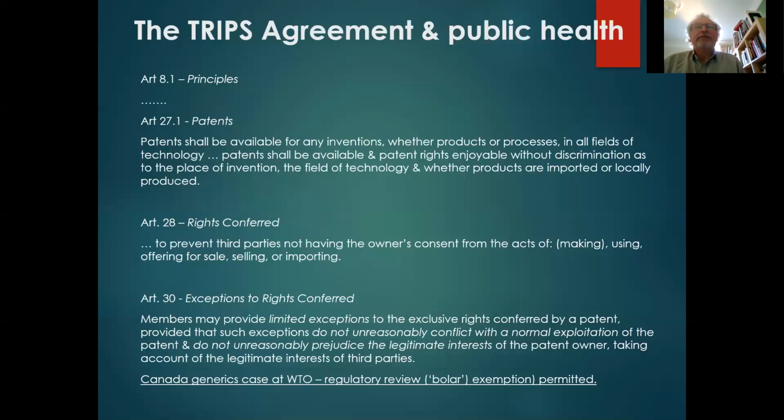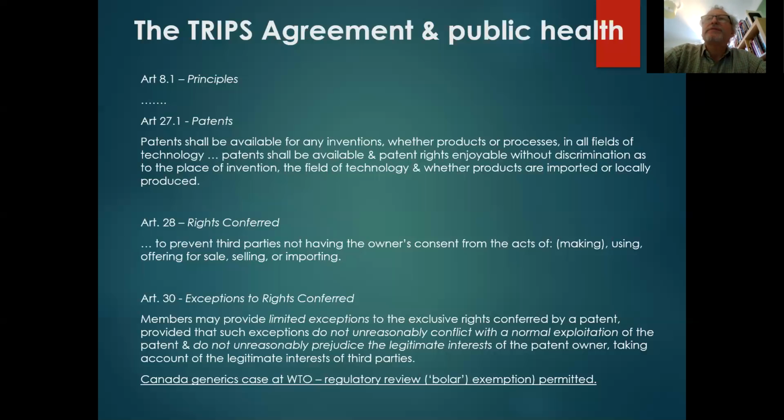And the panel report, which came out, I think, about 1999, essentially said that Article 30 does allow a regulatory review exception. It allows a generic drug company to make the drug if only for the purpose of seeking marketing authorization.